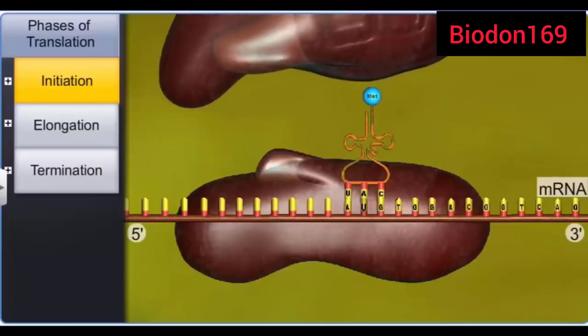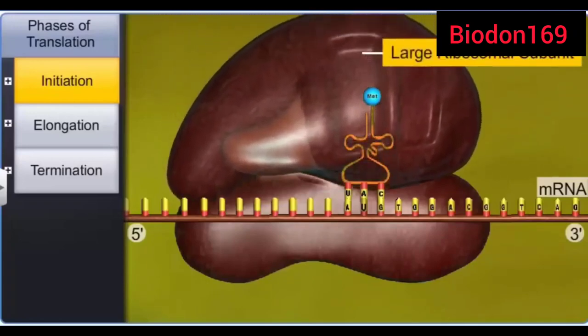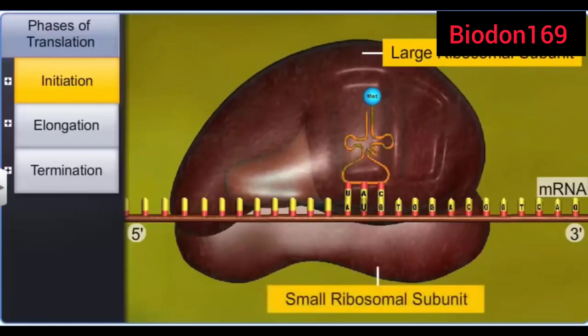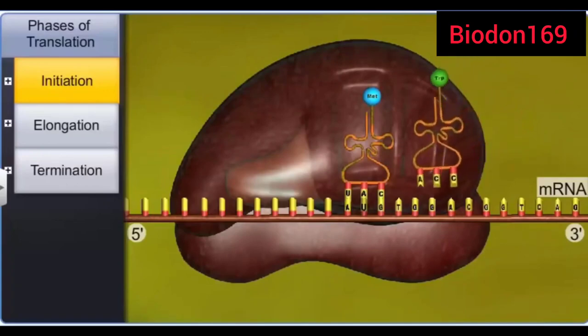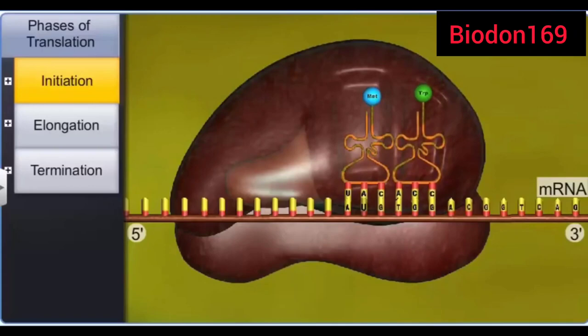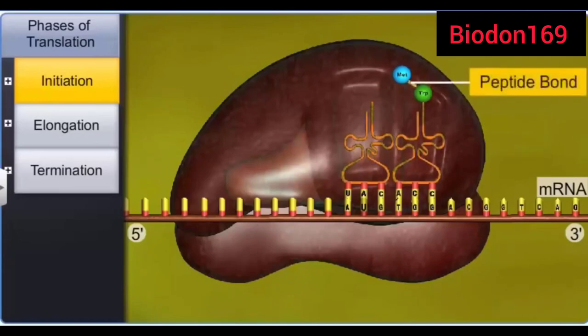the large ribosomal subunit binds to the small ribosomal subunit containing the mRNA. Another aminoacyl tRNA now binds to the A site of the large ribosomal subunit, and the first peptide bond is formed between these amino acids. The peptide bond formation is catalyzed by the peptidyl transferase enzyme.